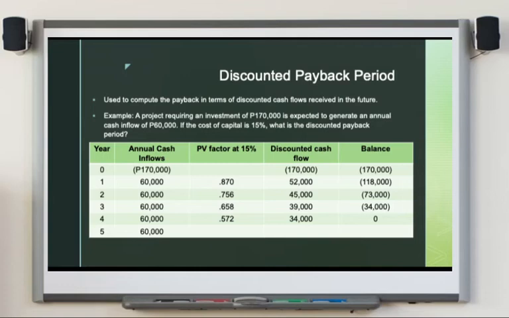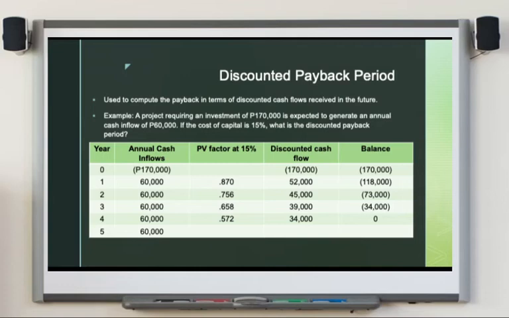So since we wanted to know how many years we need to operate to recover our initial investment of 170,000, we tried to compute it annually, to see if we can recover the initial investment at the end of each year.